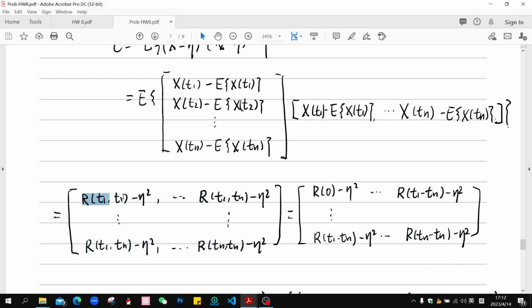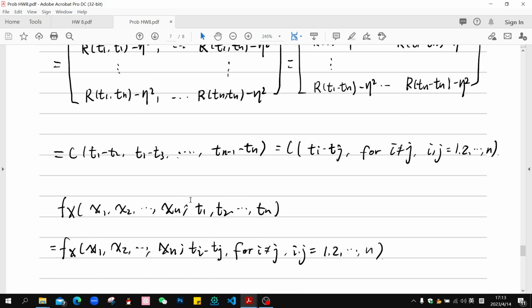And we rewrite it in another form. This is R(0), this is R(t1 minus tn), this is R(t1 minus tn), which is also 0.